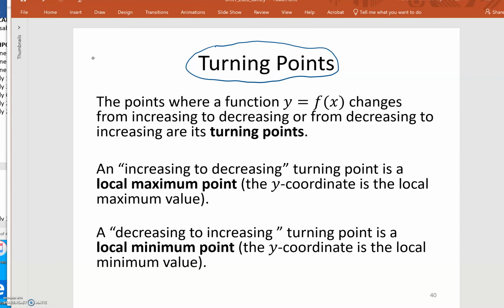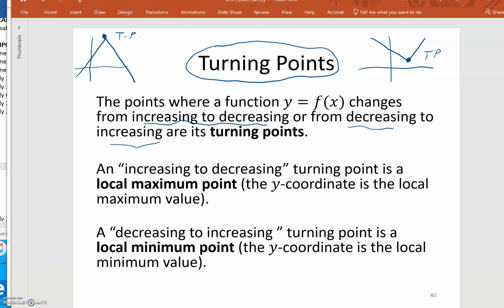Well, it is a point where a function changes from increasing to decreasing, or from decreasing to increasing. So in other words, it's going to be something like this. Let me just draw a little sketch. Increasing to decreasing, there's a turning point. Here's another one. Decreasing to increasing, there's another turning point.